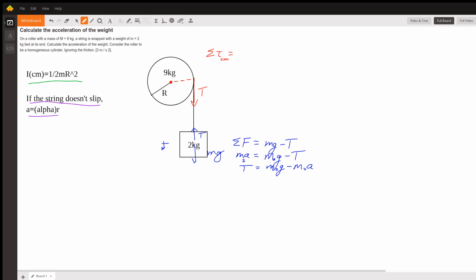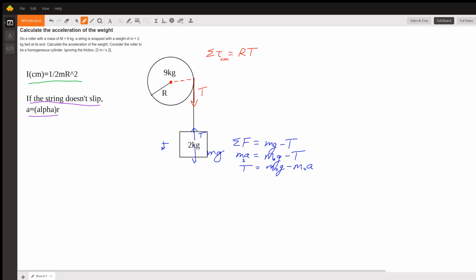It's a distance r away from the center of mass, and its magnitude is tension, whatever T is, times sine of 90, since it's a cross product and the angle between r and T is 90 degrees. So sine of 90 becomes 1, and I'm just left with this very brief net torque statement.